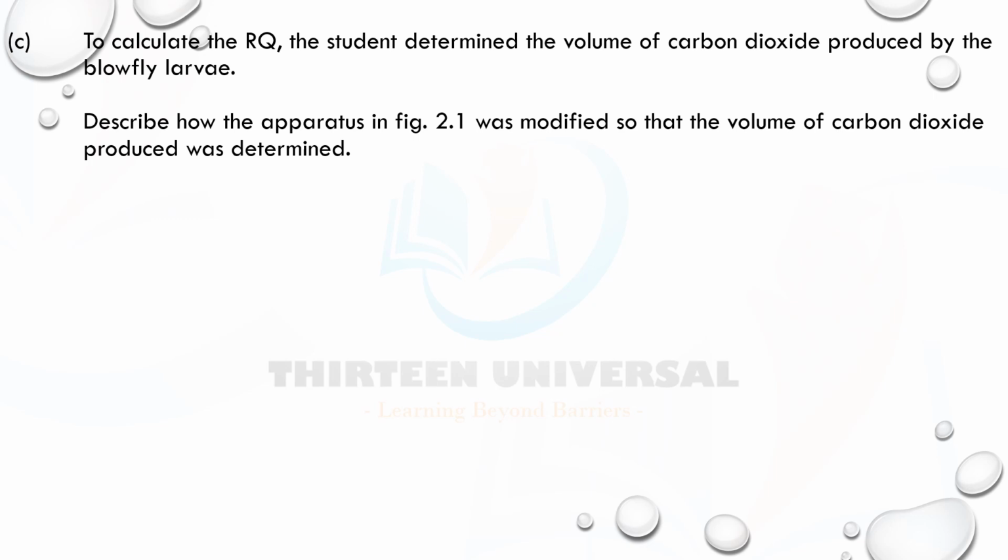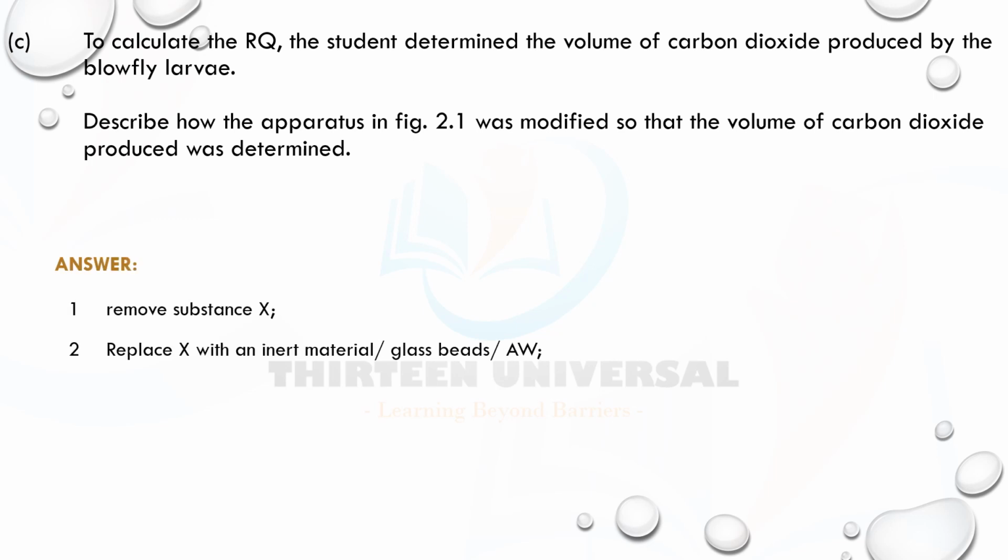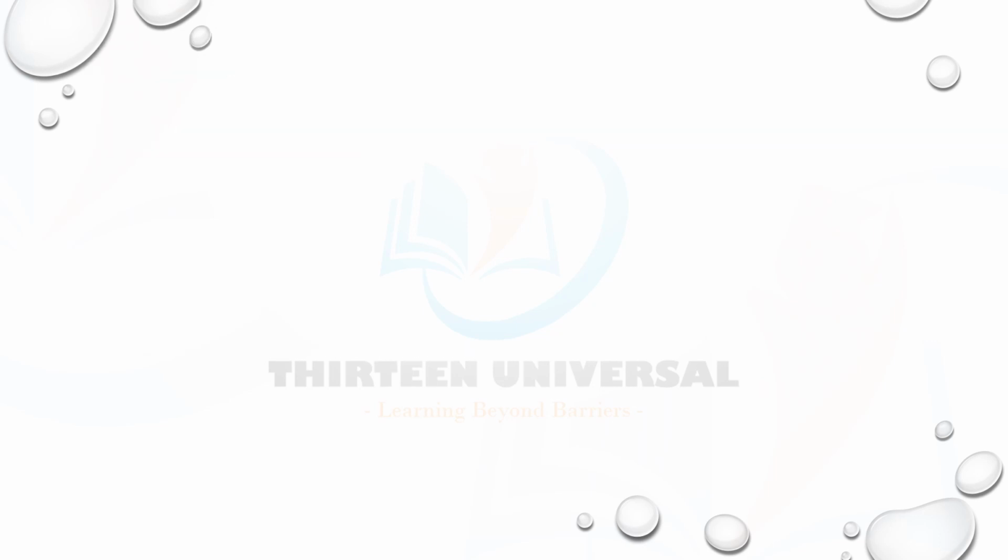You know that X in that diagram removes carbon dioxide, but now we want to measure carbon dioxide volume. So you remove X and replace it with an inert material like plastic or glass beads, so that CO2 is no longer absorbed. Remove substance X and replace it with an inert material such as glass beads.